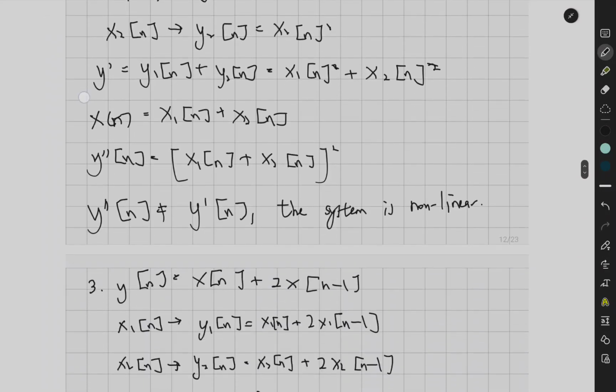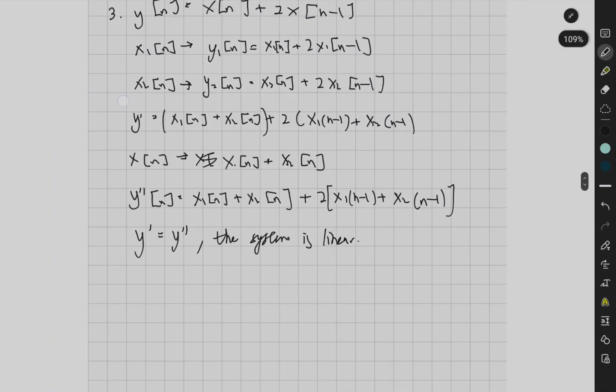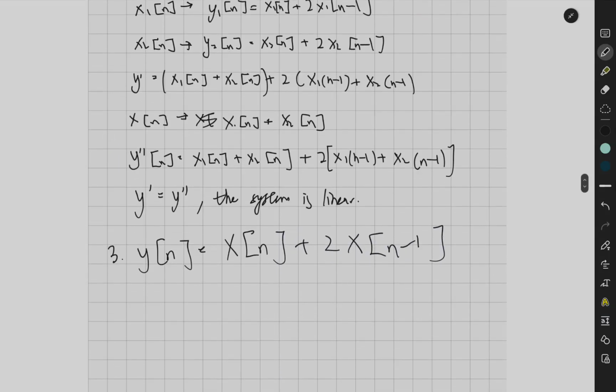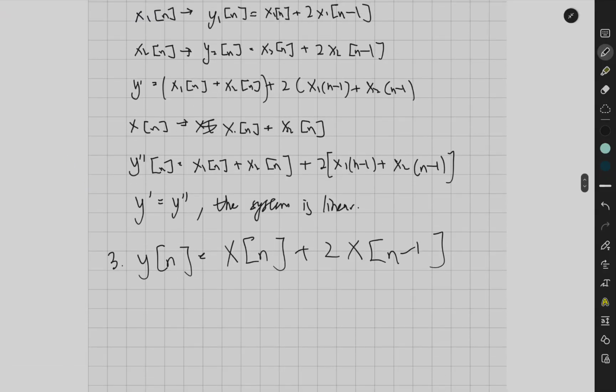Okay, so let's try to solve question number 3. We have got the idea, so we need to solve step by step. So 2xn minus 1. To determine whether the system is linear or not, the first step is to insert x1n plus x2n into the function first.